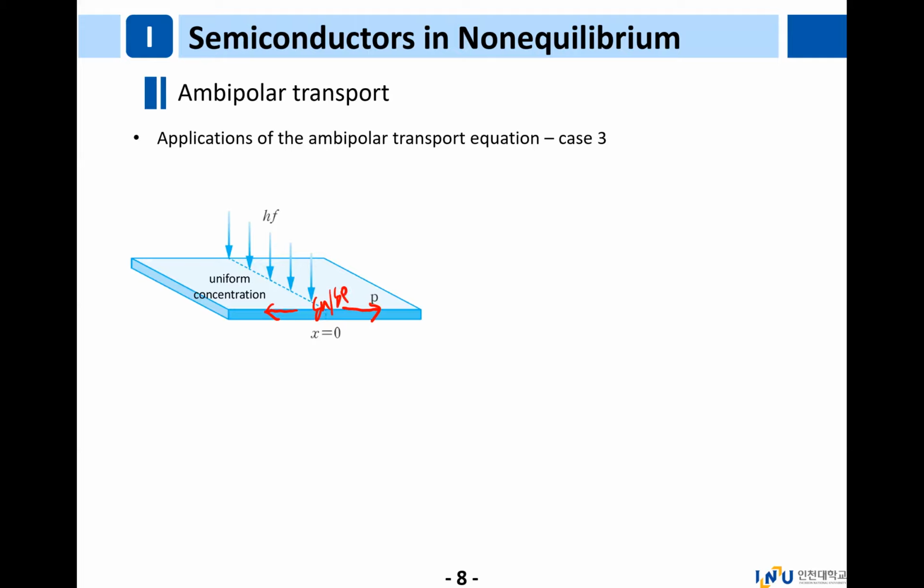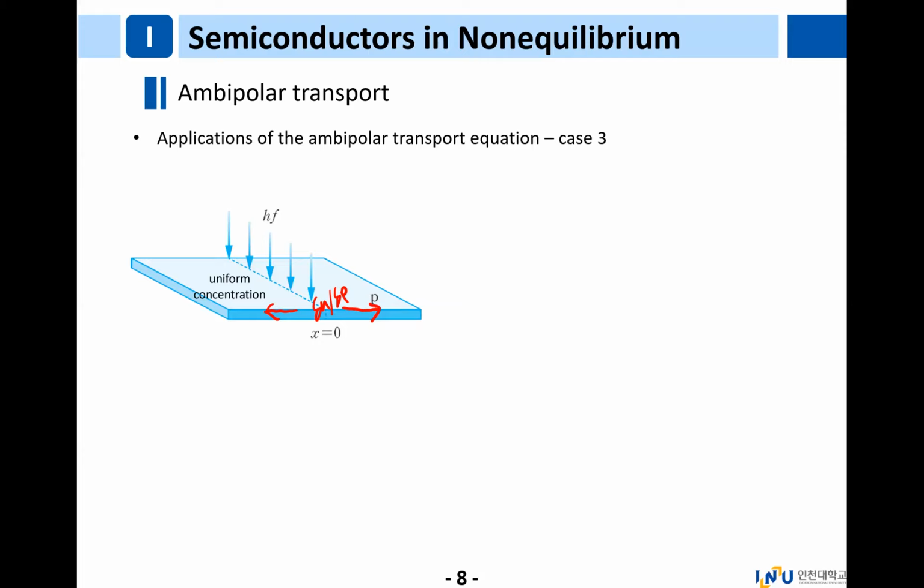Excess carriers will diffuse in both the plus x and minus x directions and experience recombination, leading to their gradual decay. Over time, these carriers will eventually reach a steady state, right?